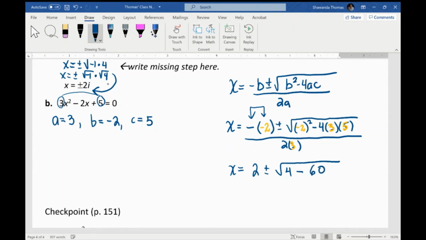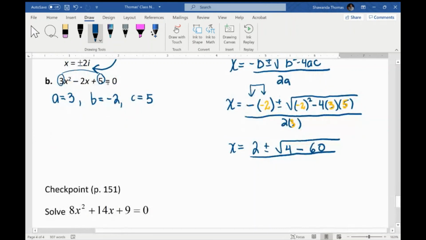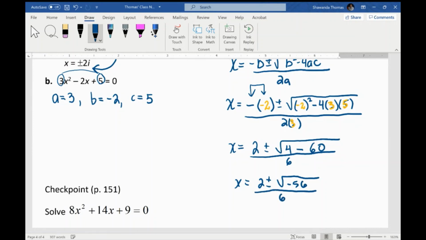Very nice. All over what number? 6. X equals 2 plus or minus the square root of, what is 4 minus 60? -56, all over 6. Are we done?